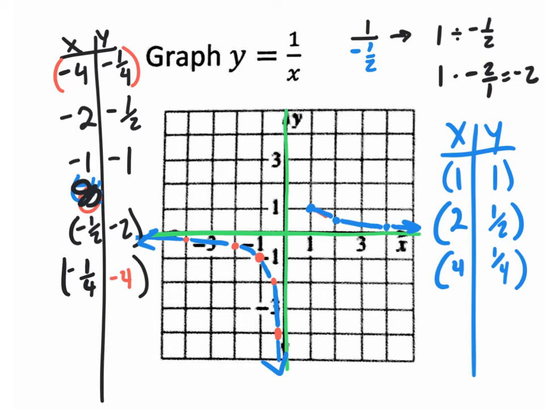So if I did plug in a 1/2 for my x's, I will get a 2 for my y. And let's see where that takes us. 1/2 on the x, 2 on the y. And as you could see, this is our graph, and it will continue to go closer and closer and closer, infinitely getting closer to the y-axis, which is really the line x equals 0.